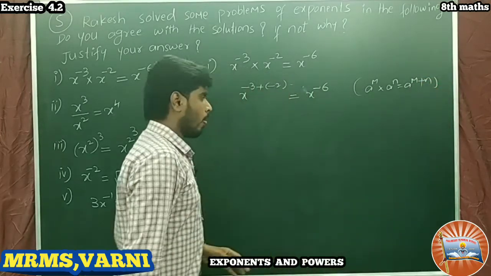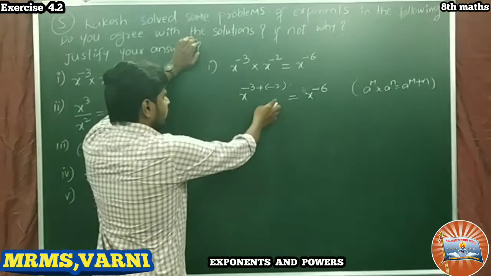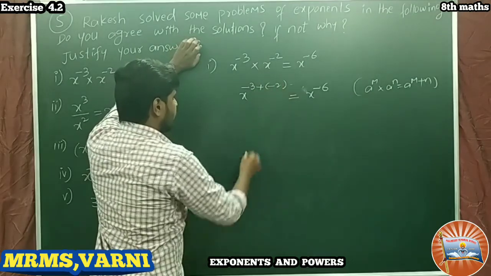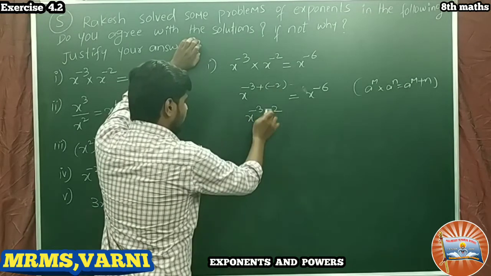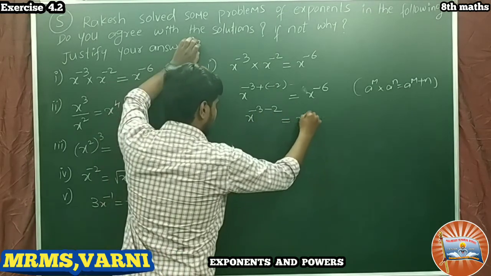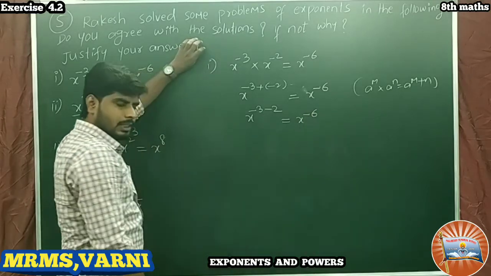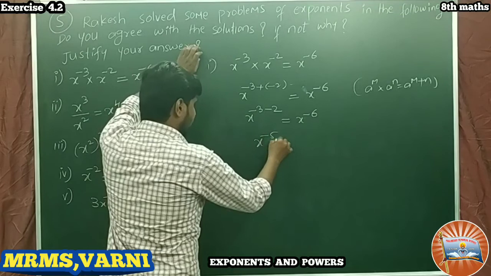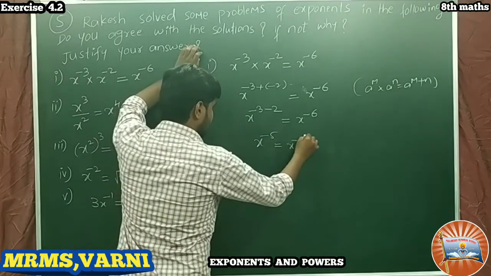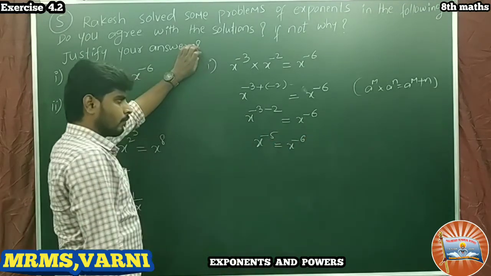With that formula I have modified this LHS part. This becomes x power minus 3 plus minus 2, which is x power minus 5, is equal to x power minus 6.